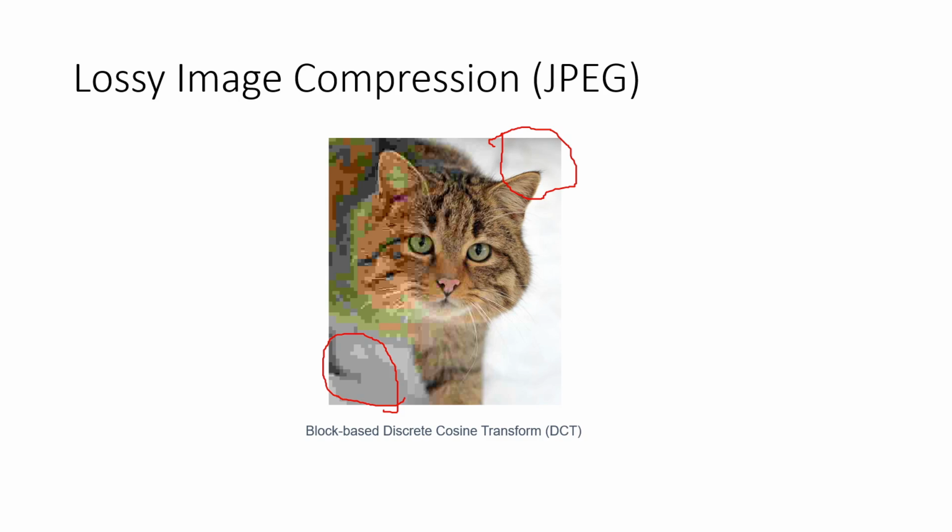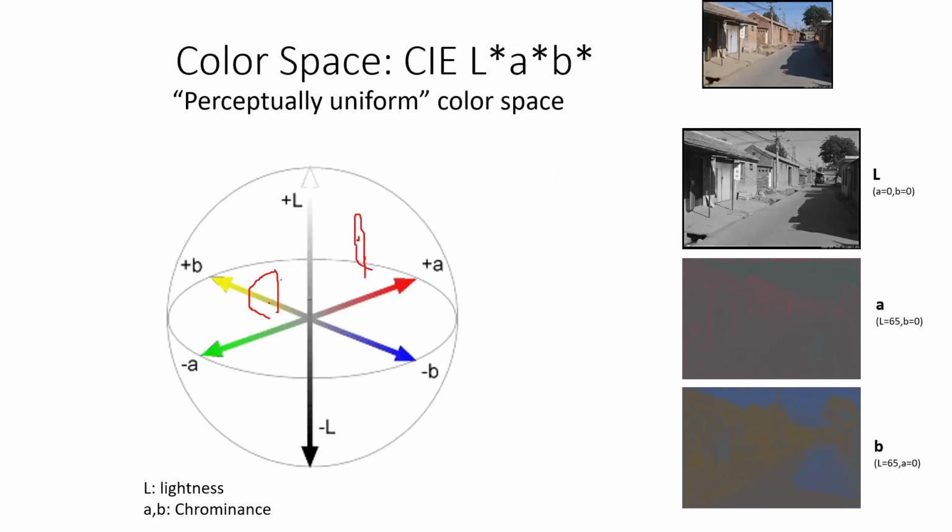Let me show. Can I take this one? Color space. It is somehow like this. Y means luminance, or the brightness, and Cb and Cr are similar to a and b.